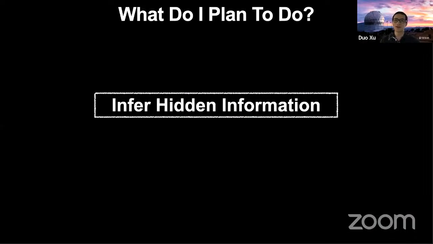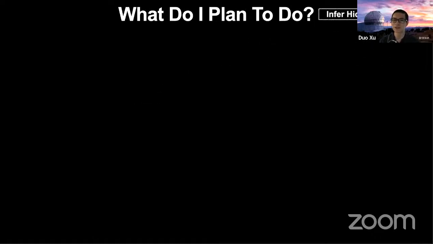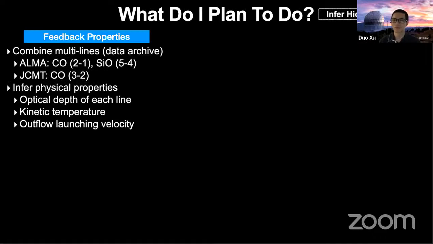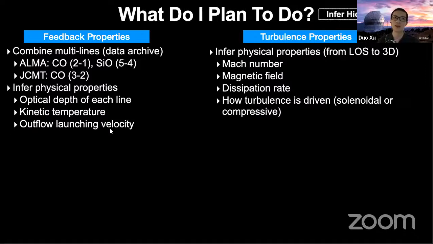The most powerful part of machine learning is that it's able to infer hidden information, such as the fraction of mass associated with feedback, excluding the contamination. Then we propose to do some other tests, using machine learning to predict intrinsic properties related to feedback or radiative transfer properties, such as outflow launch velocities. Then there are some more basic questions, such as how feedback drives turbulence.